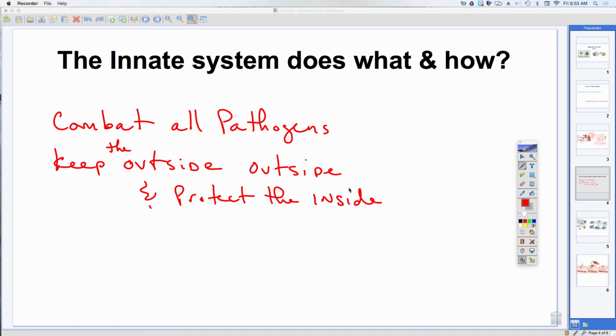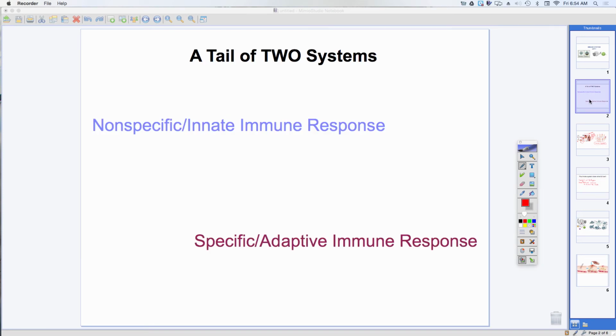Well, your immune system's job is to combat pathogens, and the two basic ways are to attack all pathogens or to target specific pathogens.